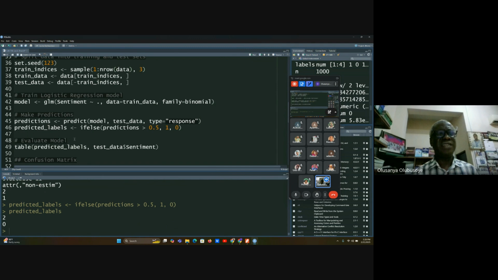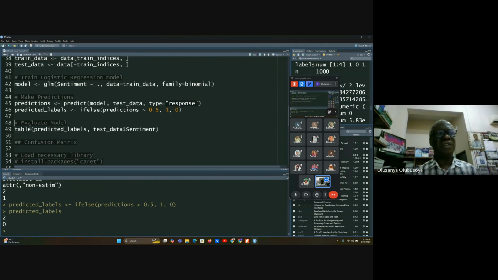And that takes us to what we call the table. We can create a table to compare the predicted and the actual.